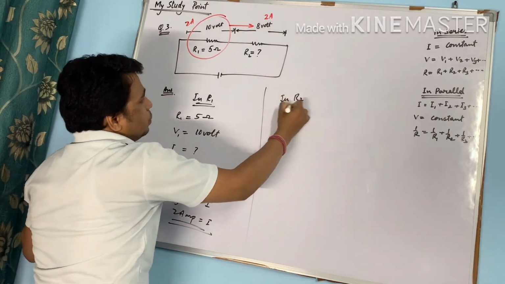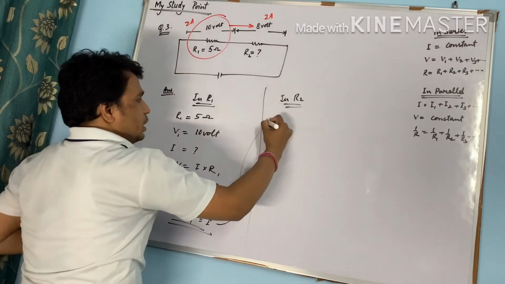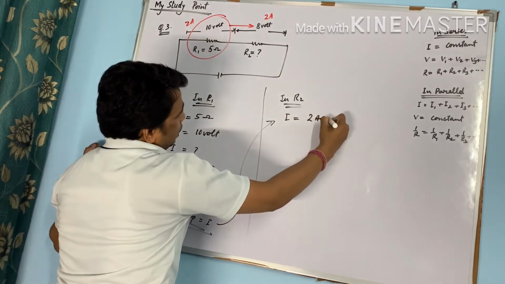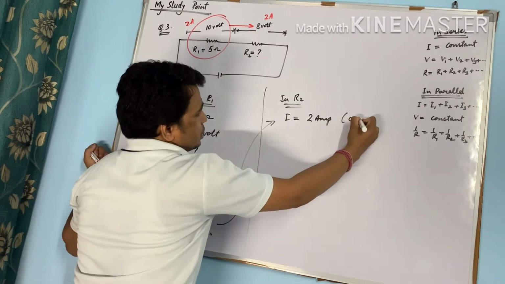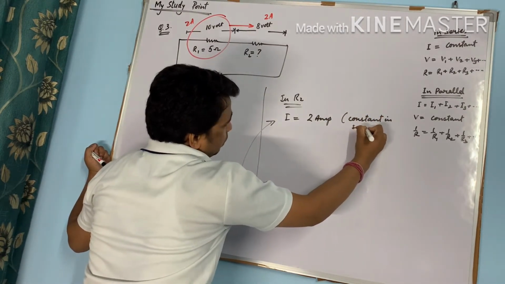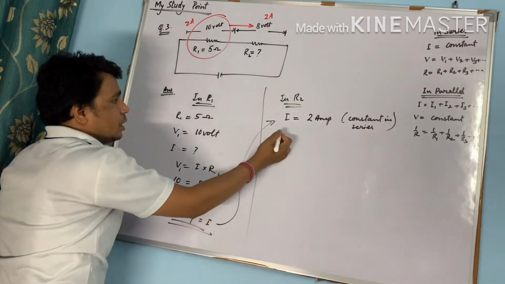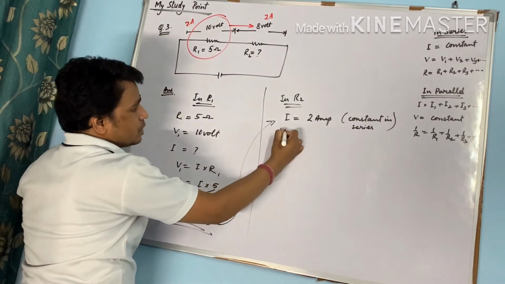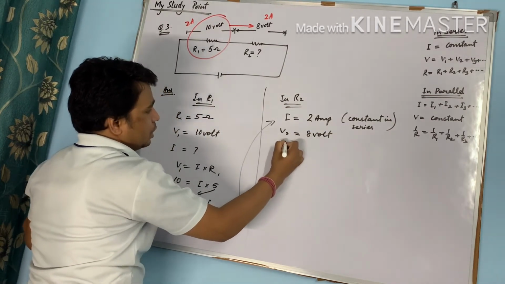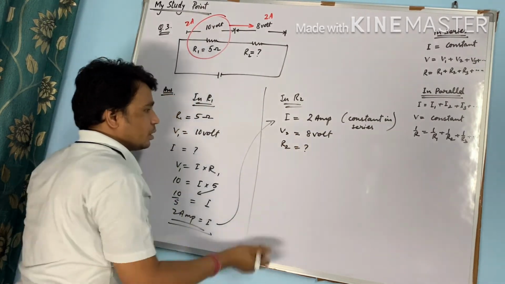In R2, current is constant in series. So current will be what? 2 ampere in R2 also. Constant in series. Okay. And voltage is given how much? That is V2 is how much? 8 volt. So we have to calculate the resistance.